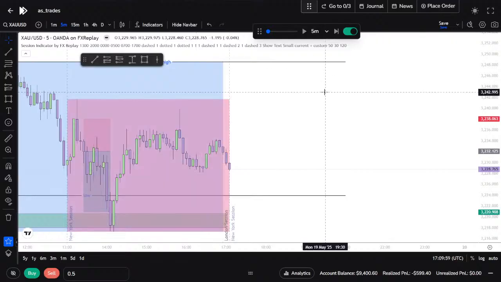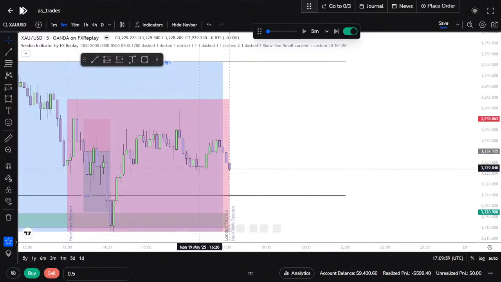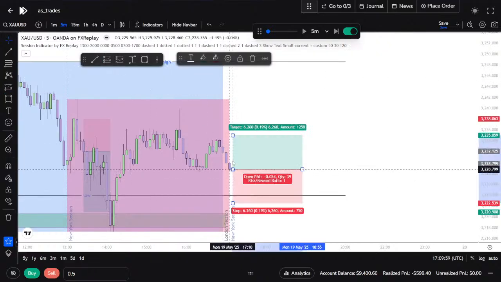Okay, so I am seeing a consolidation-ish reversal, but I wouldn't take anything here. You could potentially... no, yeah, I definitely would not take this trade.